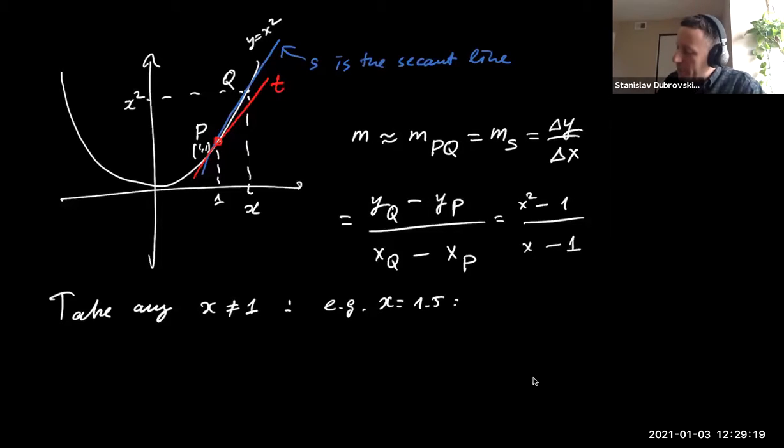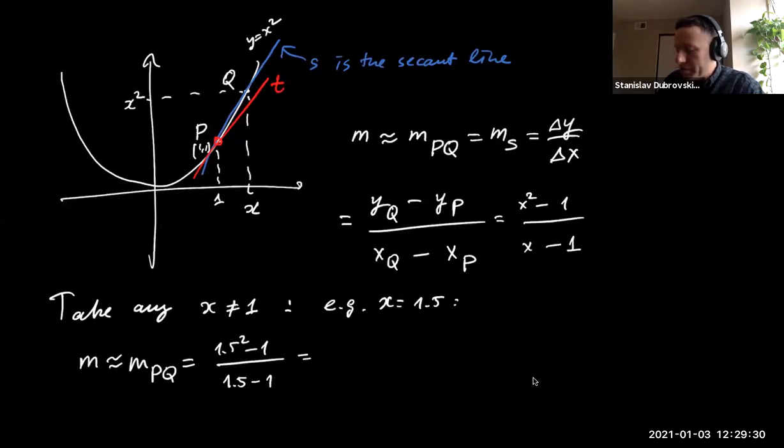What do we get? So then our m, which is approximately mPQ, will be equal to 1.5 squared minus 1 over 1.5 minus 1. So use your calculator, you will figure out that it's 2.25 minus 1 on the top, and 1.5 minus 1 is 0.5. On the top we have 1.25.